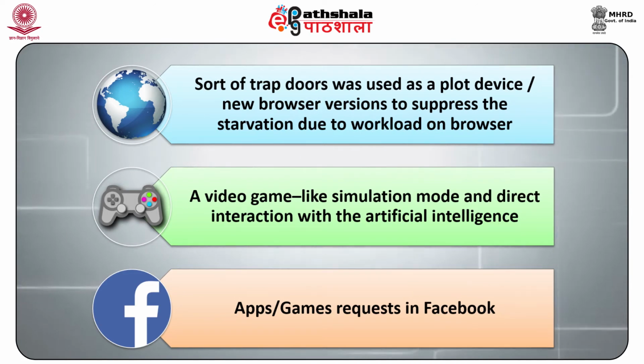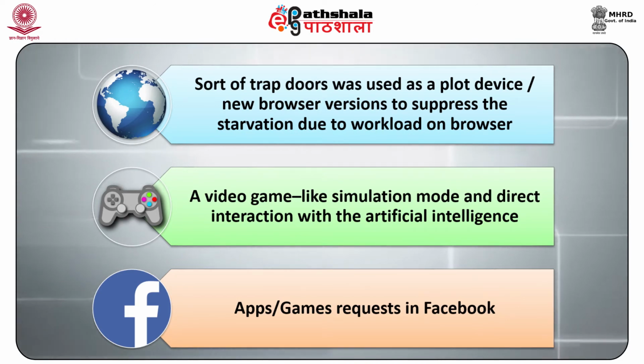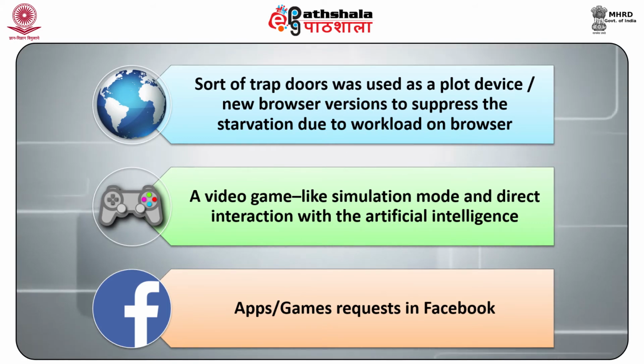Apps and games requests in Facebook used to ask you to allow the apps to access your information to further process. Most of the people simply allow the app's request to access their information.